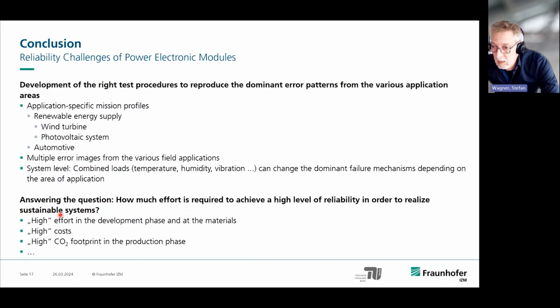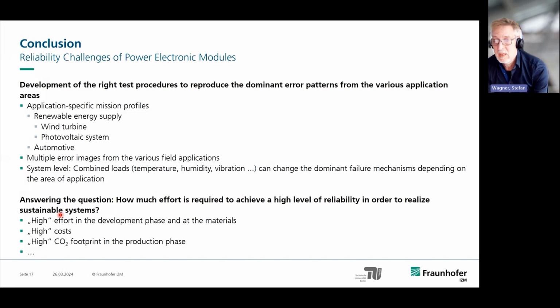You need application specific mission profiles in detail, and for renewable energy supplies, wind turbines and photovoltaic systems, there are different profiles. This is important to keep in mind.